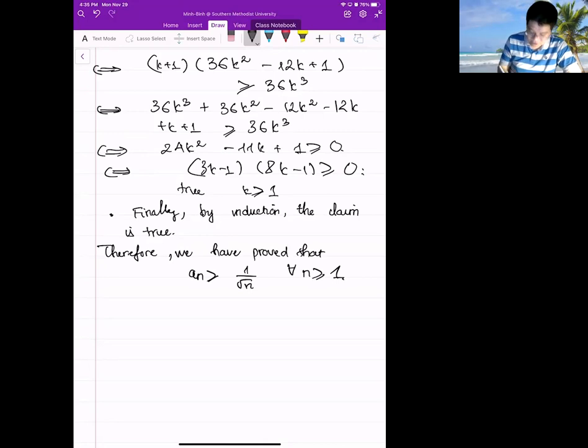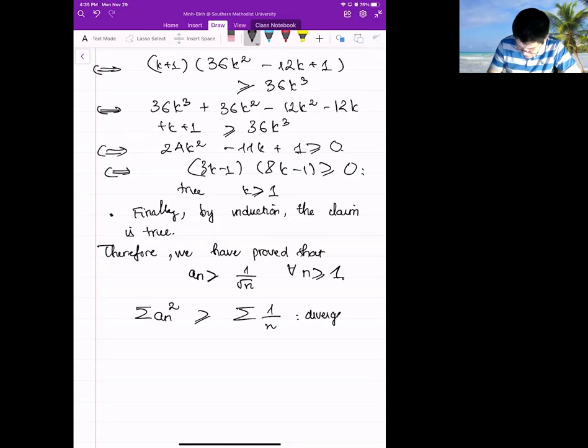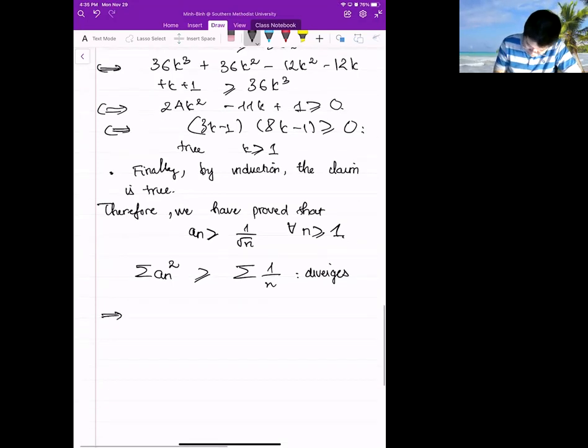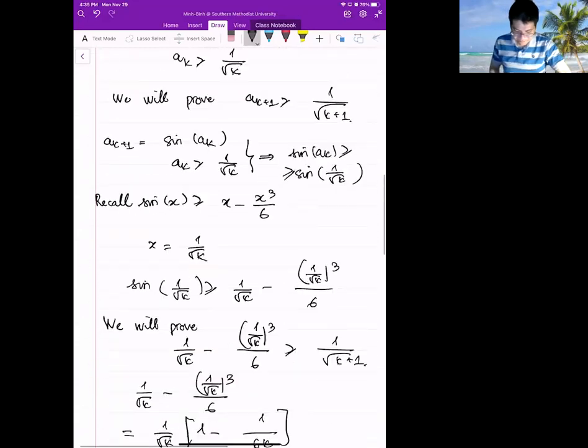So now the sum of a_n squared will be bigger than the sum of 1 over n, but unfortunately this is divergent. So finally, the sum of a_n squared diverges.